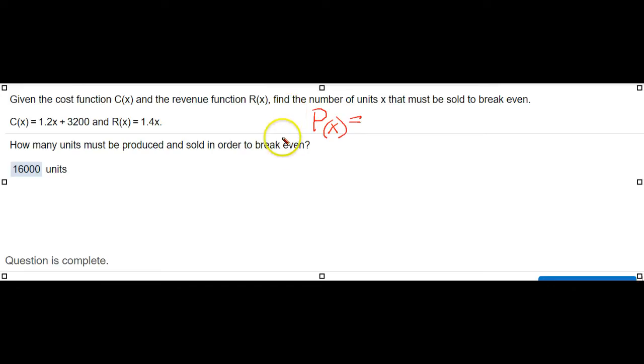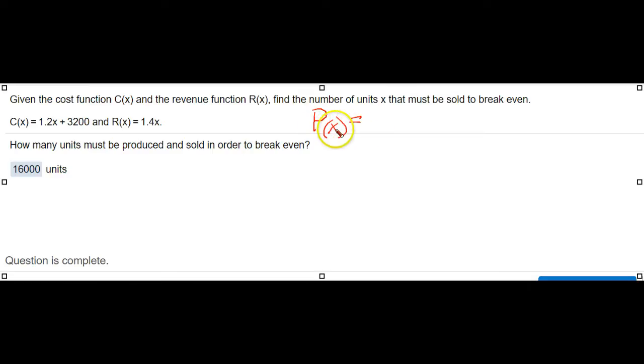Now, a modification of this type of example might be where they are asking, what would the profit be? So this is the cost function, revenue function, and now we're introducing the profit function.